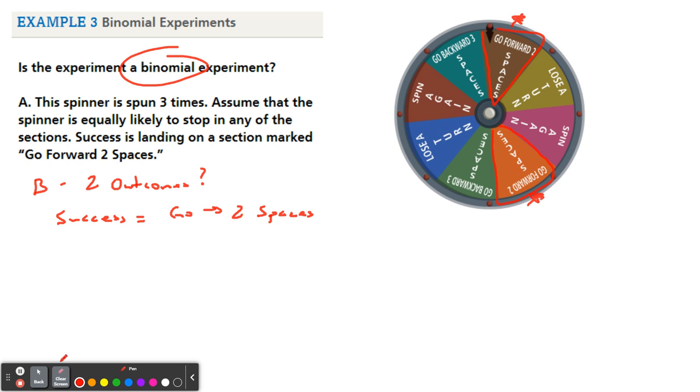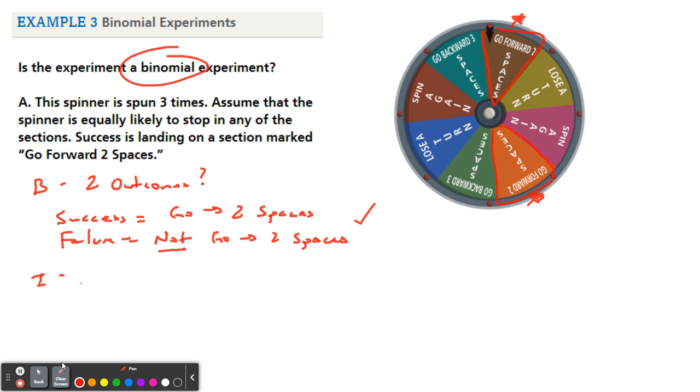Then there are 6 other spots, but we can just let failure be not going forward 2 spaces. That ensures that we have 2 outcomes, what we want and what we don't want. We don't focus on all the different not outcomes, we just lump them all together. So we passed that.